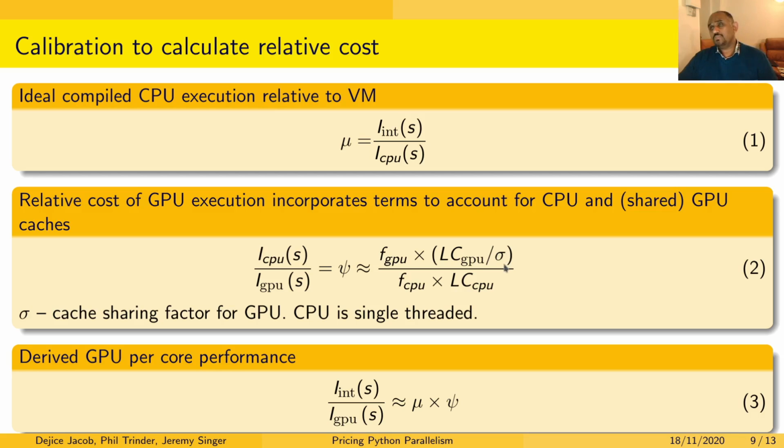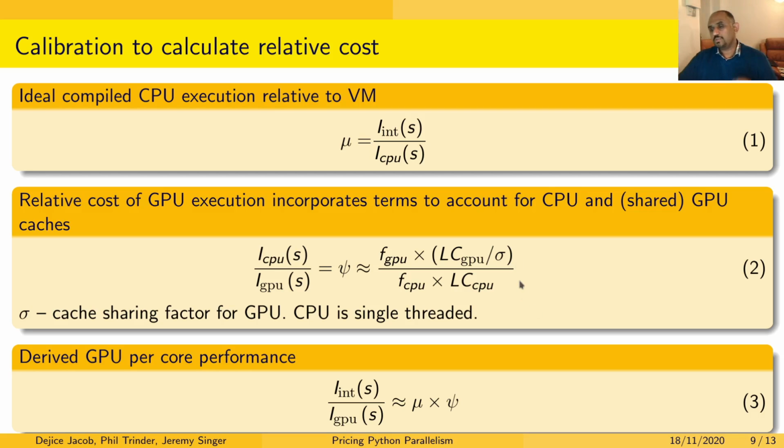Now on a GPU, on Pascal for instance, we have a single streaming multiprocessor having 4 warp schedulers, and each of these 4 warp schedulers share 2 L1 caches between them. And all the streaming multiprocessors within a GPU then share the L2 cache. So sigma gives you the amount of sharing that happens between the streaming multiprocessors on a GPU.